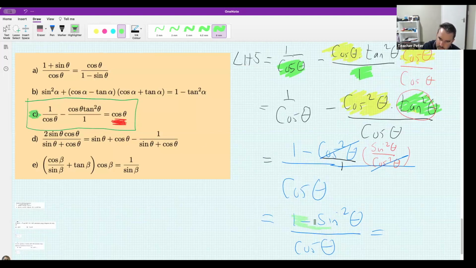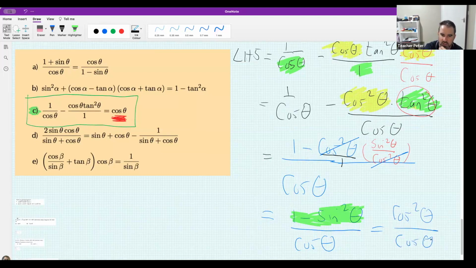So this is looking familiar over here. So I think cos squared theta over cos theta.